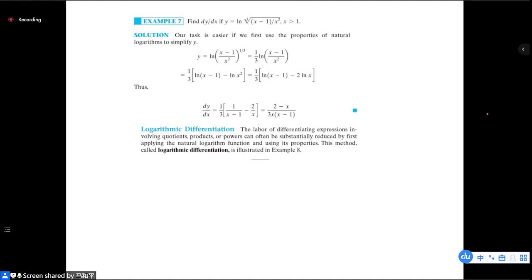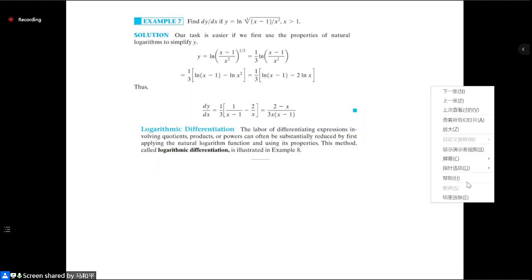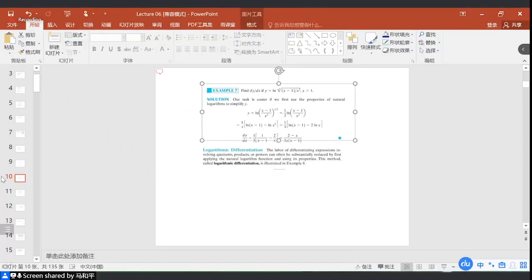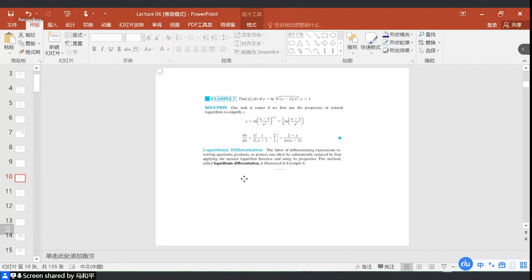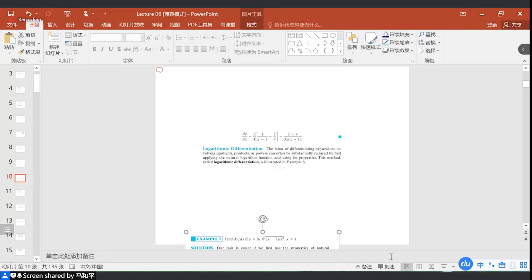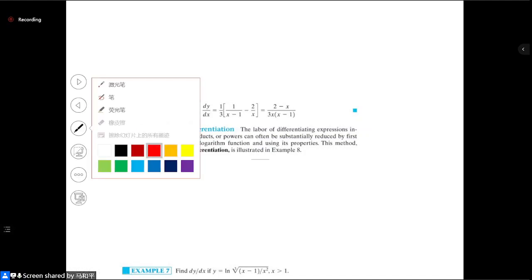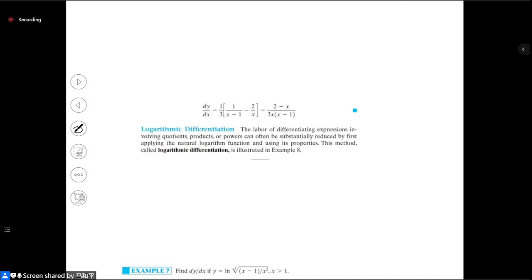And then, here this is dy over dx. y is ln of the cube root of (x minus 1) over x squared.